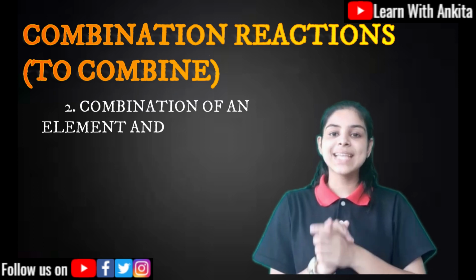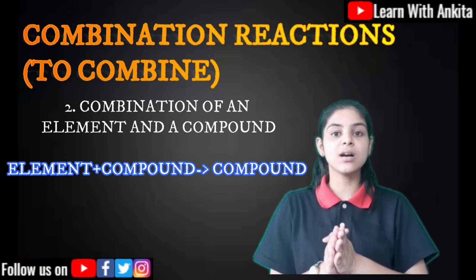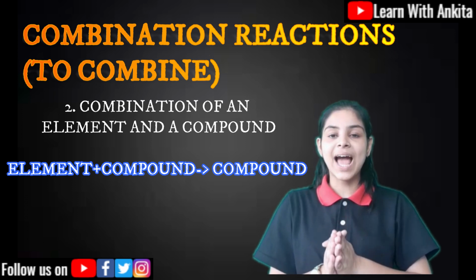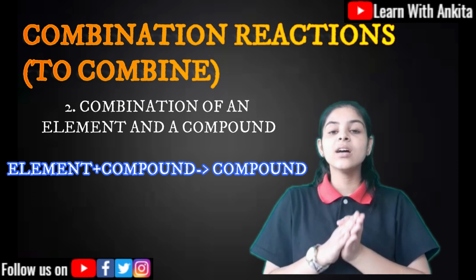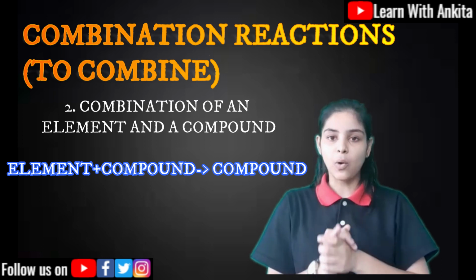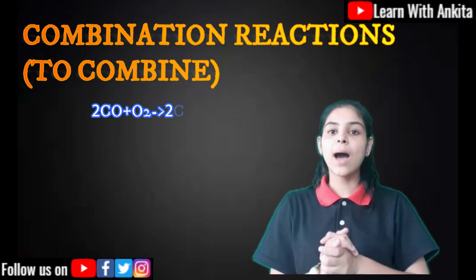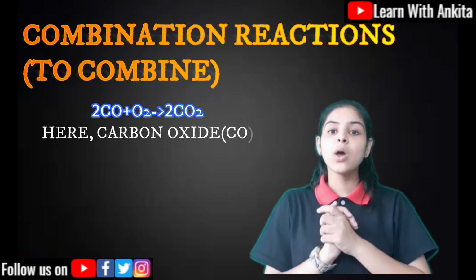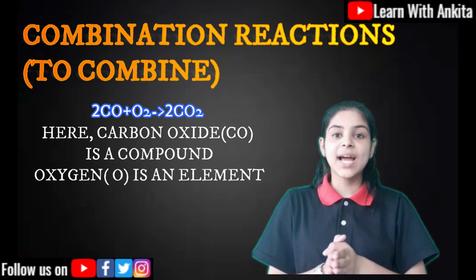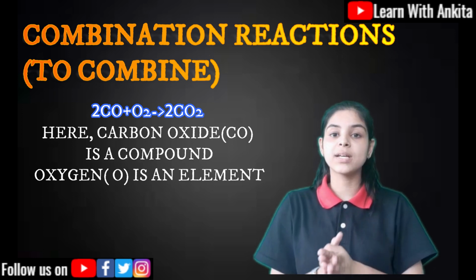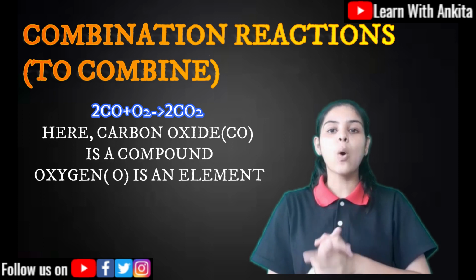Now let me come to the second form, that is the combination of an element and a compound. Means I'll add one element and one compound and the substance formed will be a compound. Let's see this by an example. If I take carbon monoxide, it is a compound because carbon is one substance and oxide is like oxygen only.